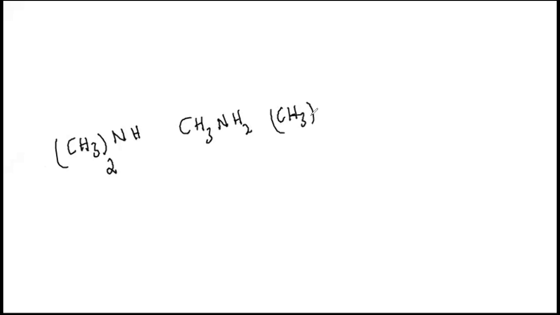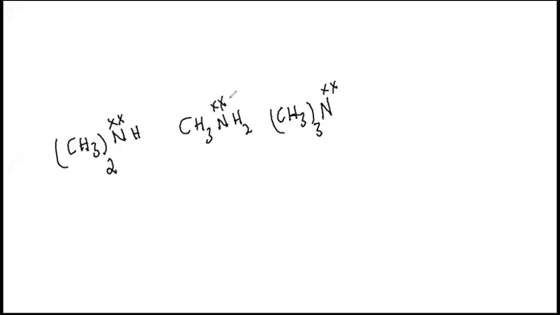Here we can take secondary amine, that is (CH3)2NH, followed by primary amine, followed by tertiary amine. Very good. Then why did we select like this? Any idea? Here, all amines are acting as Lewis bases.